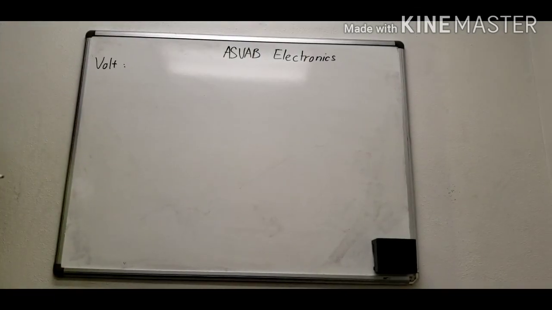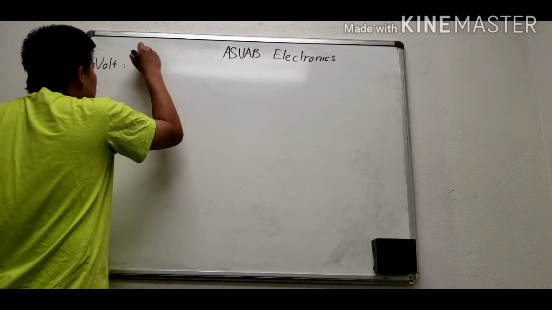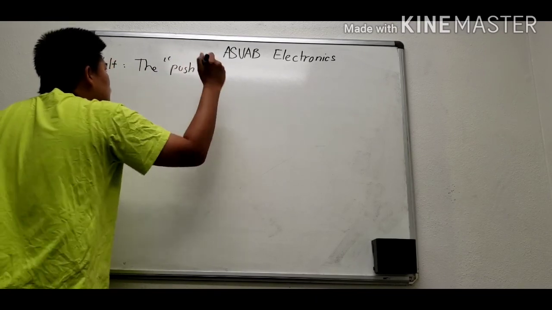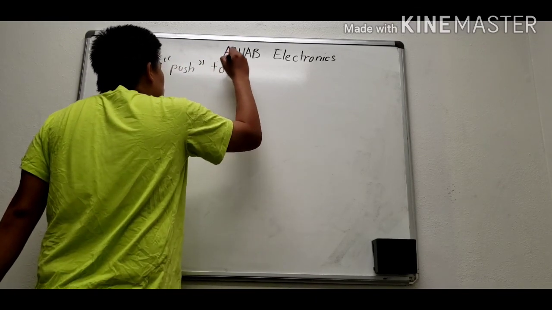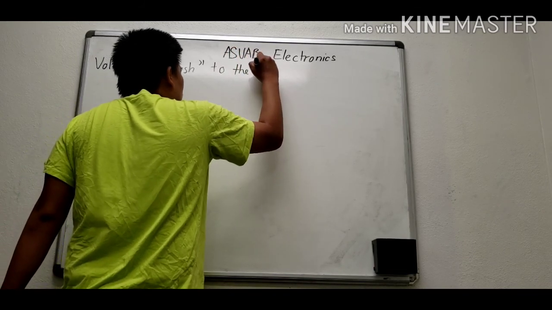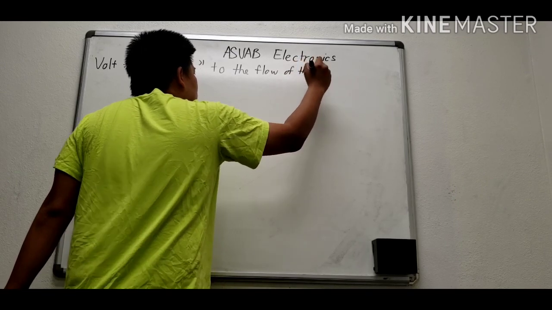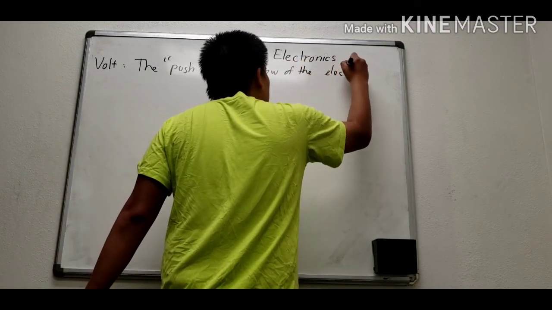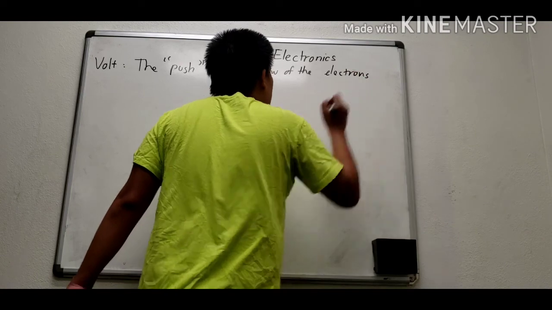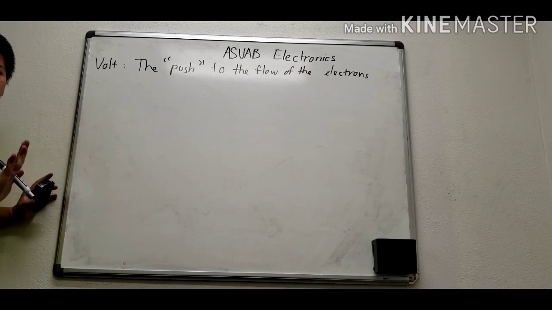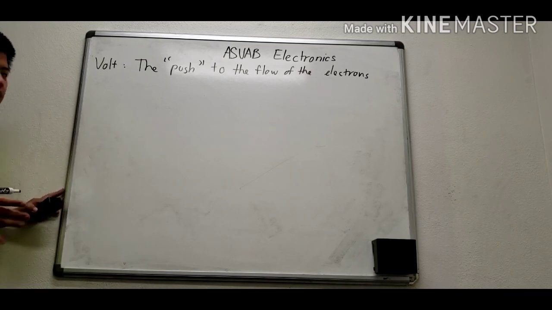Of the volt, the definition of the volt is the push to the flow of the electron. This means that the volt, just like a force, pushes the electrons to go inside the closed circuit.